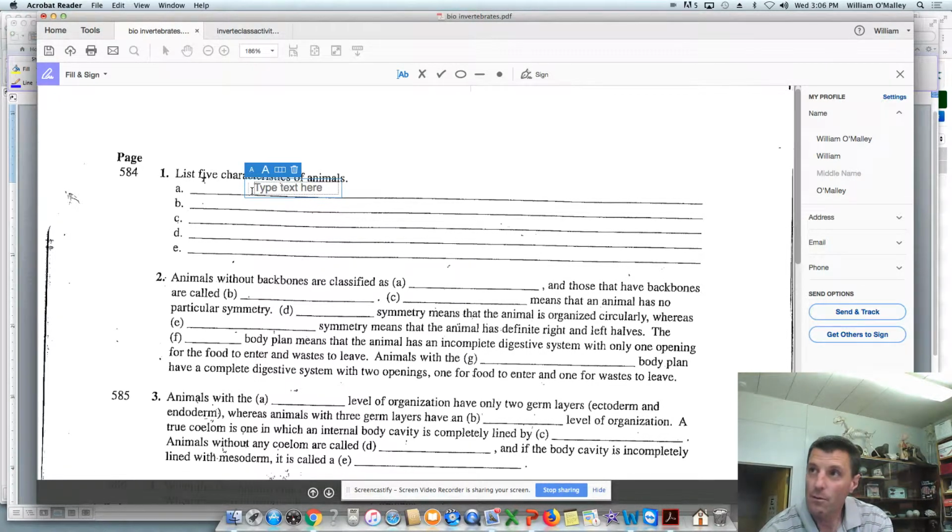Okay, we'll get you started here, guys, on pages 10 through 13. What are the five characteristics of animals? Pages 10 to 13. Graphic organizer quiz that we just looked at and pages 10 to 13.